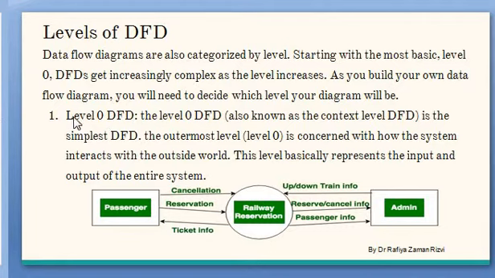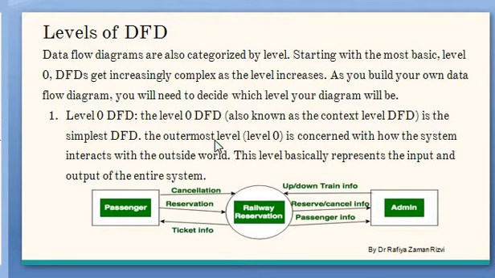So first, level 0 DFD. Here you can see this is an example of a level 0 DFD. The level 0 DFD, also known as the context level DFD, is the simplest DFD.